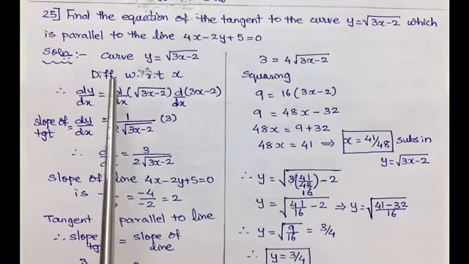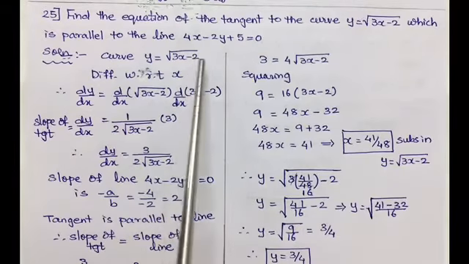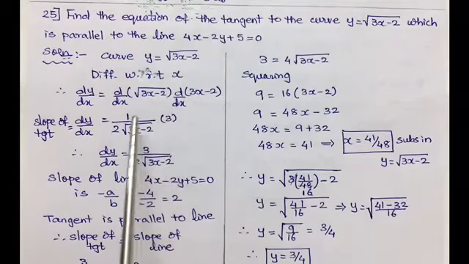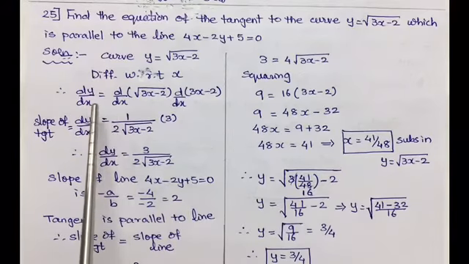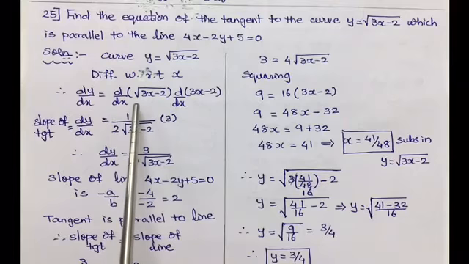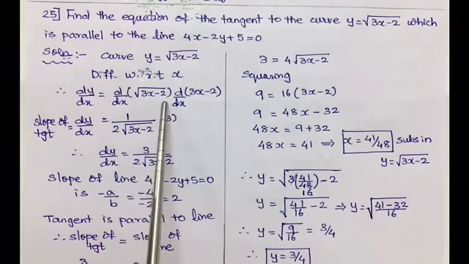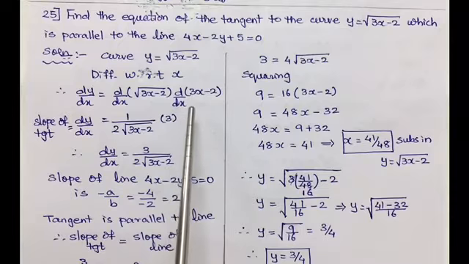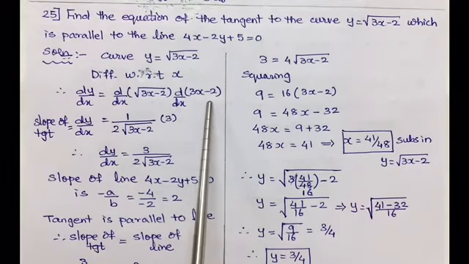So calculating the slope of the tangent by differentiating the equation of the curve, we get dy by dx is equal to d by dx of root of 3x minus 2. Again, using the chain rule, we have to calculate the derivative of 3x minus 2 also.